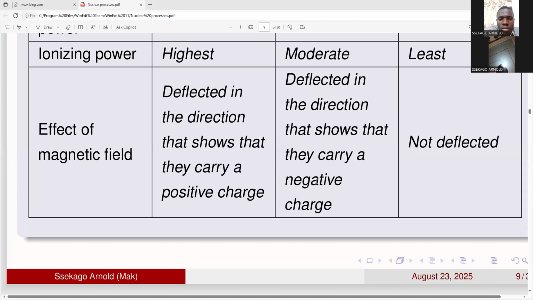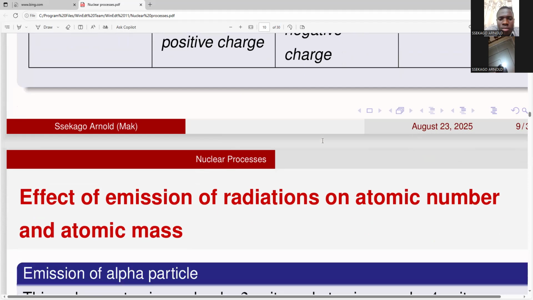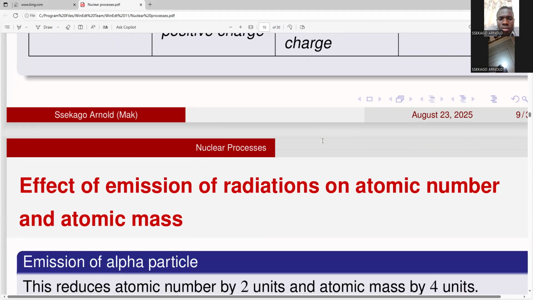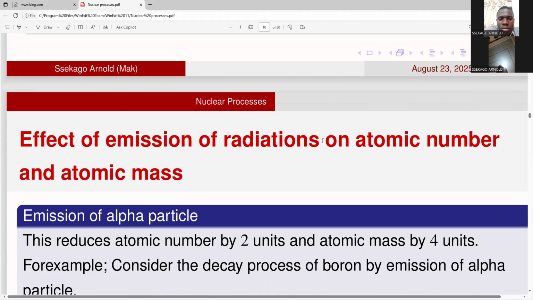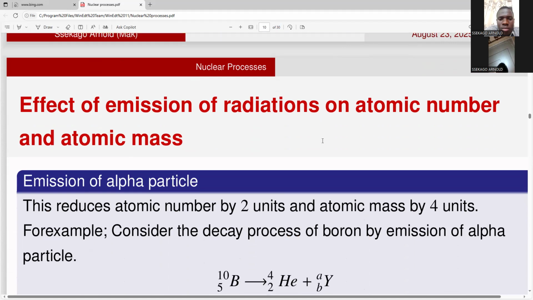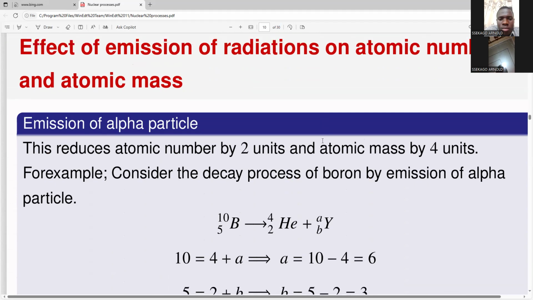We have explored them, and in our next lesson we shall be looking at the effect of emission of radiations on atomic number and atomic mass. This will be our next topic. As of now, allow me to stop here.